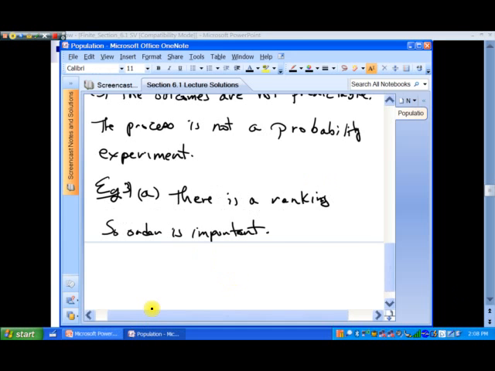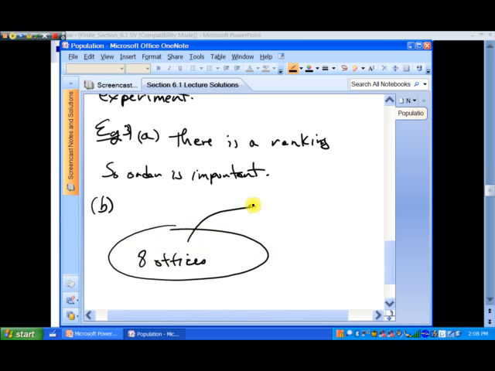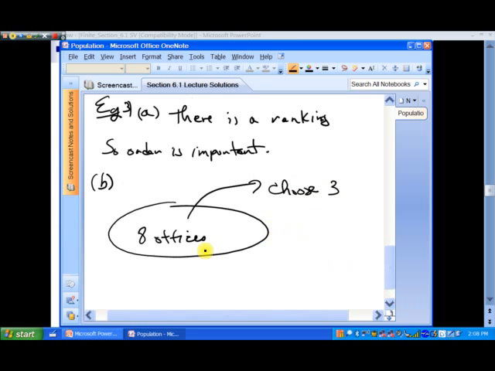So let's see here. Here we have 8 of these regional offices. Eight offices. And we want to choose 3 to visit. And so here it looks like it doesn't matter which 3 it is.